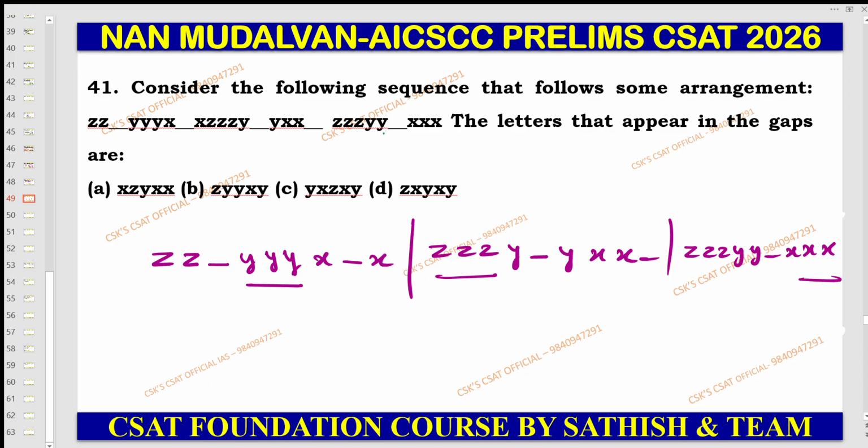So now let me place here z y. So therefore y x here x. So therefore here x, here y. So without the options also you can check here z x y x y. Which option? D option. Understood everyone?